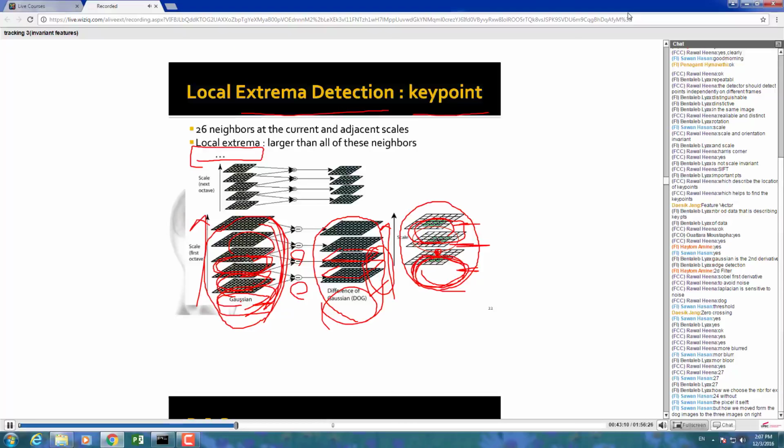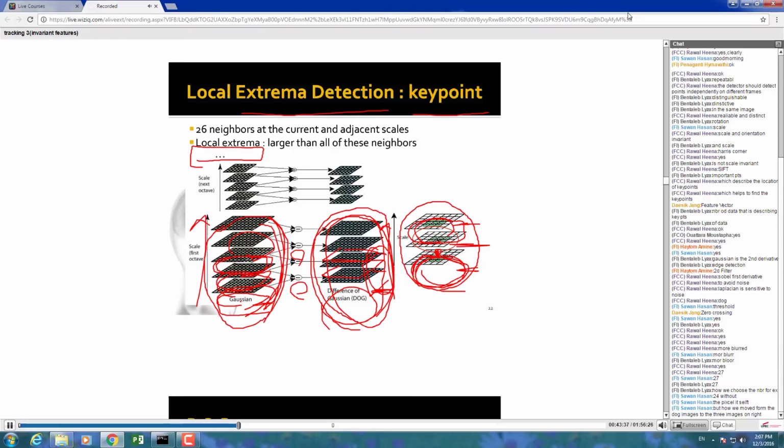Okay, so your question, how we move from the DOG images to the 3 images. Okay, so this is just an example, just for explanation. Actually we may have more layers of DOG. But in this example, now we have 4 different layers of DOG, right?